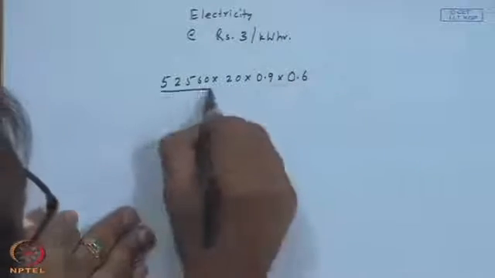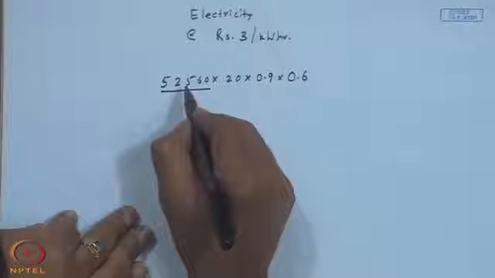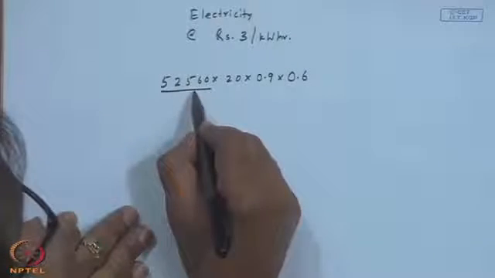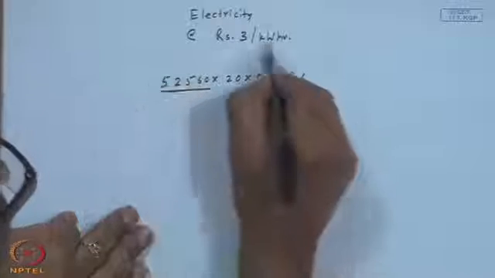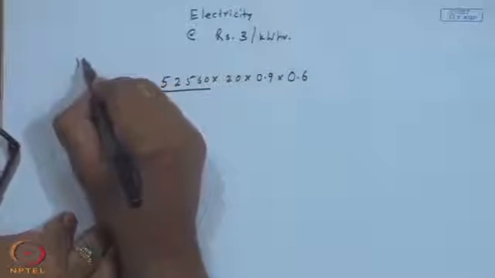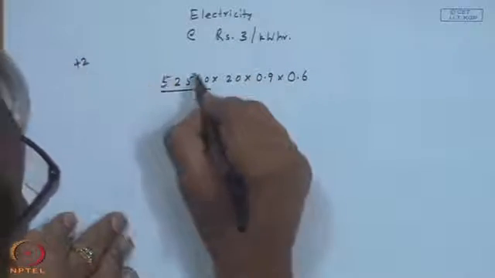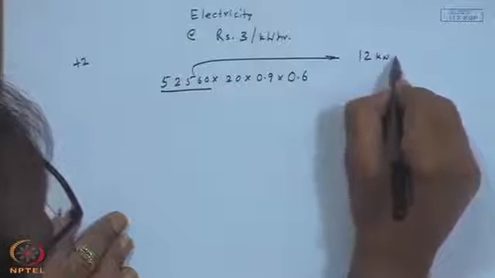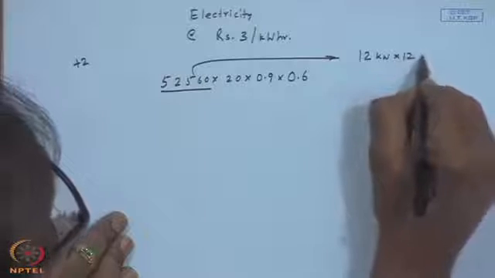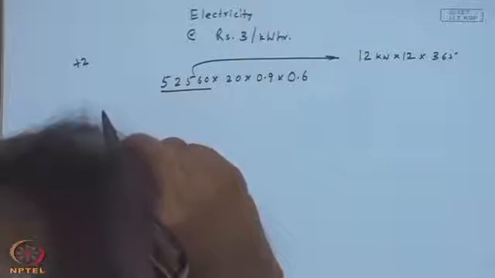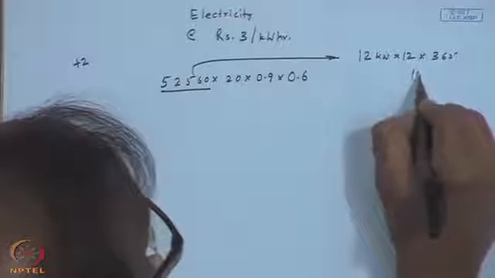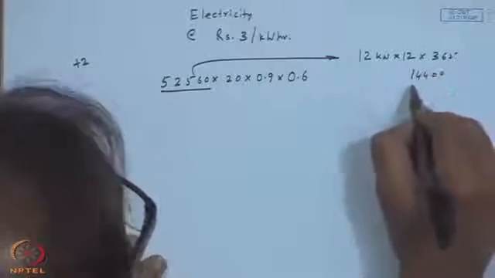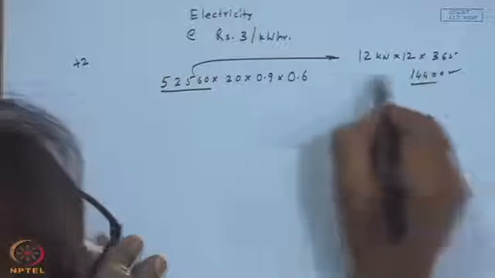Because it is per kilowatt hour, I have calculated it as 12 kilowatts for 12 hours a day multiplied by 365, right. This is 144, 144,00 into 3, this is okay, right.